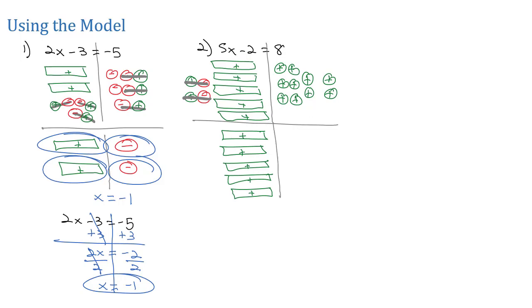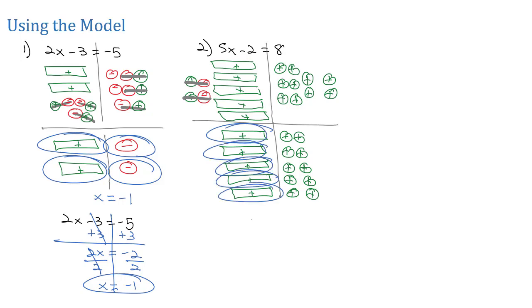And on the other side, looks like there's, what, 10? 3, 4, 5, 6, 7, 8, 9, 10. And now we're ready to split up into 5 even groups because we have 5 x's. And if we split into 5 groups on the other side, we see each x strip balances with 2 positives.